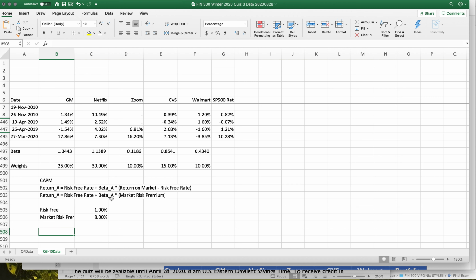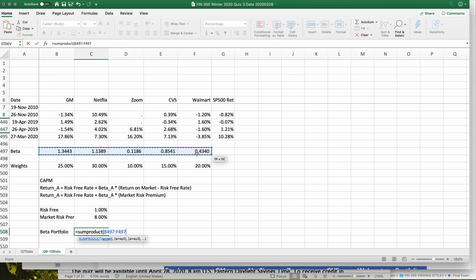What we need to calculate is the beta for A, well, the beta for our portfolio. All that is the sum product of the betas. This is a weighted average of the betas. Mathematically, we're doing 25% times 1.3443, 30% times 1.1389, 10%, and so on.